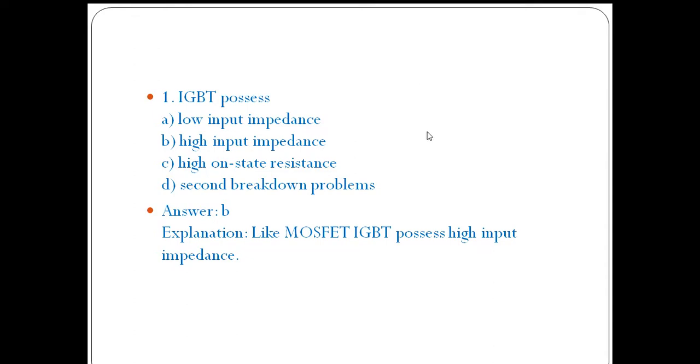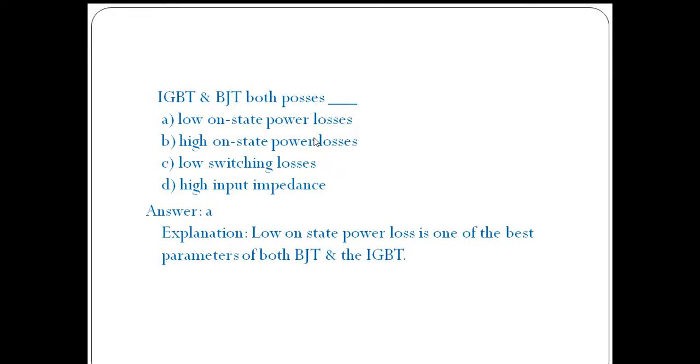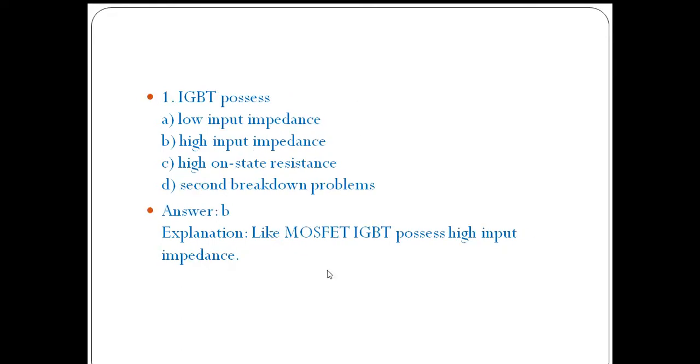The MOSFET has high input impedance, so it is having high input impedance and low on-state voltage drop. So the answer will be B. IGBT possesses high input impedance.